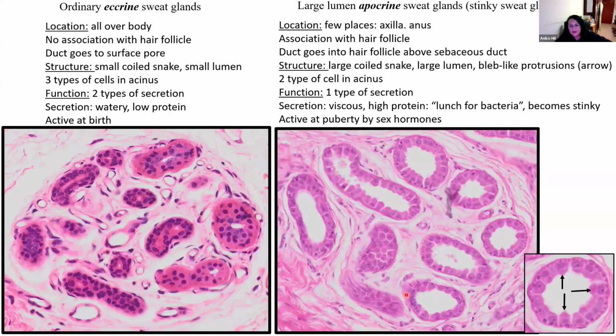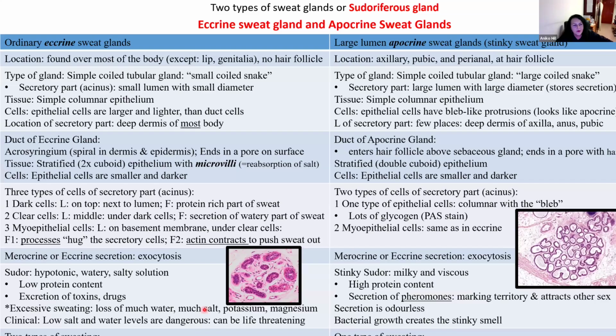And one more thing, I wanted to make sure that you see again, these are your epithelial cells, usually simple cuboid, simple columnar. Outside are the myoepithelial cells, and the same here. Look, these are the more like simple columnar epithelial cells, and the ribbon around the acinus are the myoepithelial cells. Okay? So this covers everything. If you love tables, then here we go.